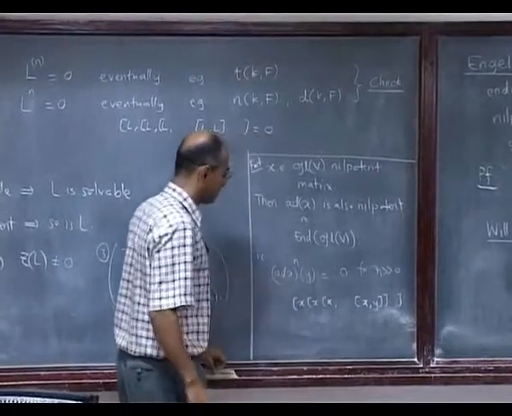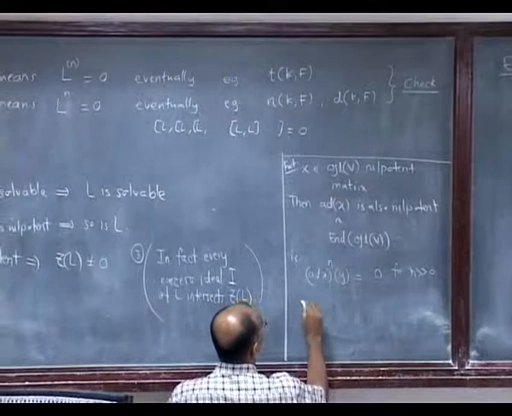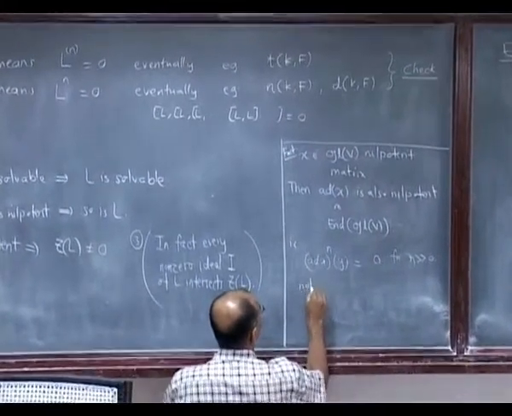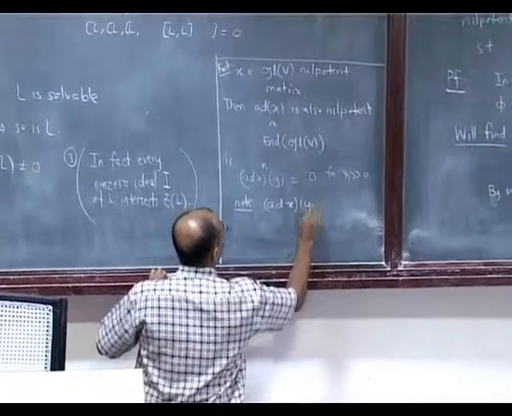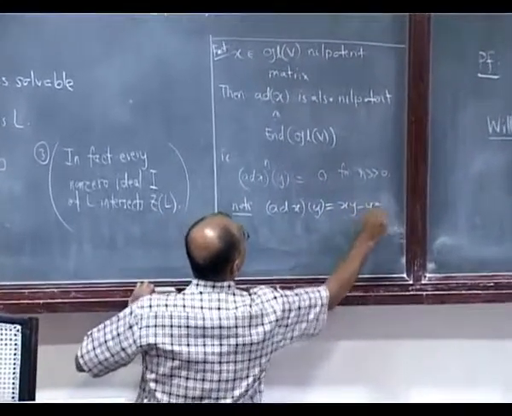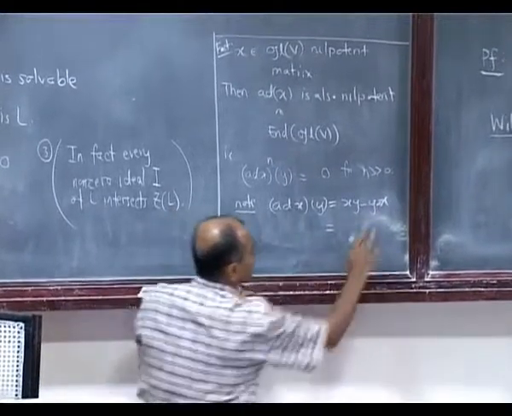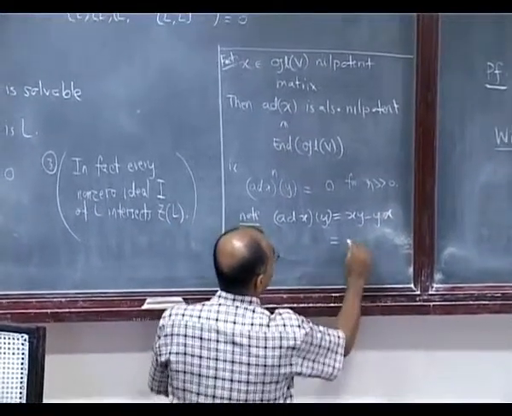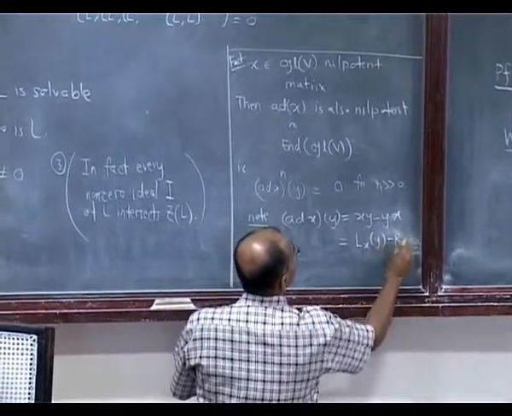But there is another way to write this, because note, ad x of y is xy minus yx, which is L sub x of y minus R sub x of y.